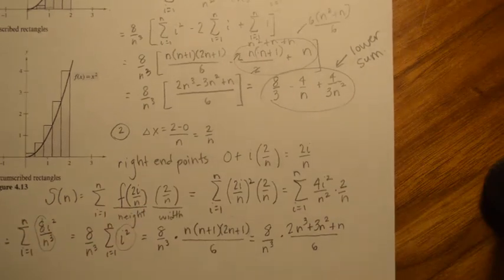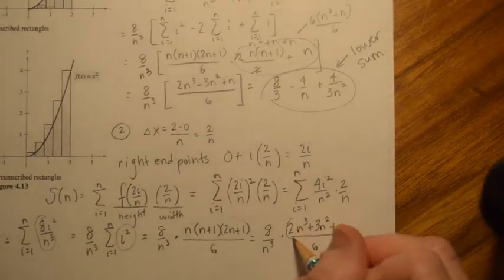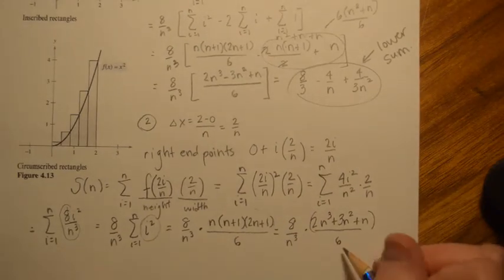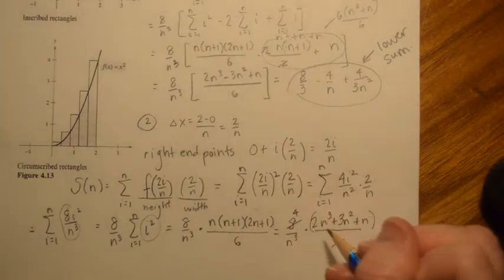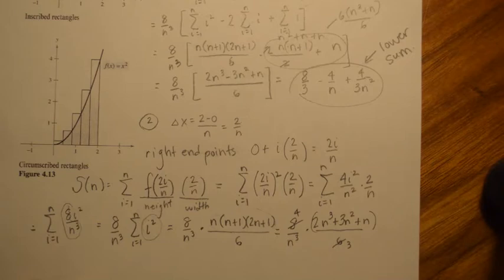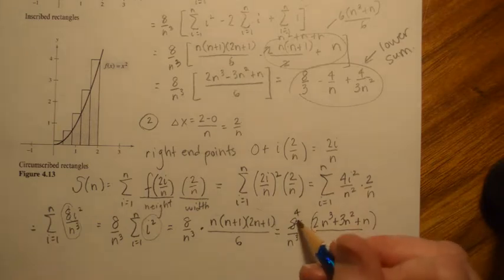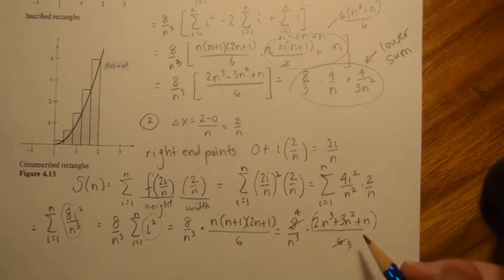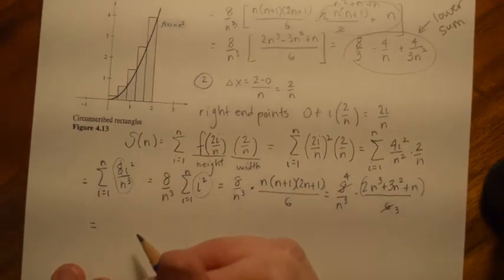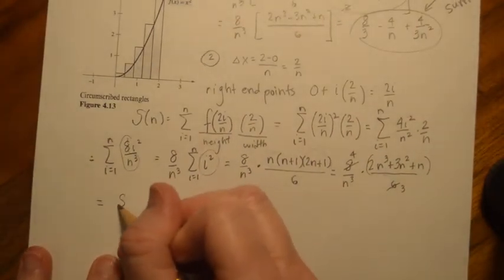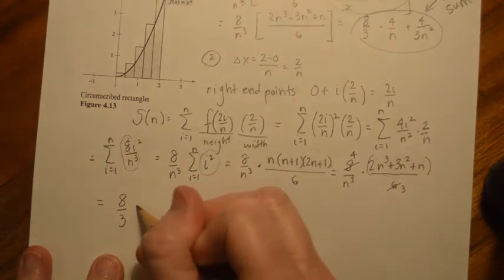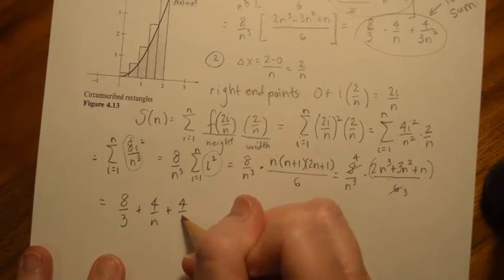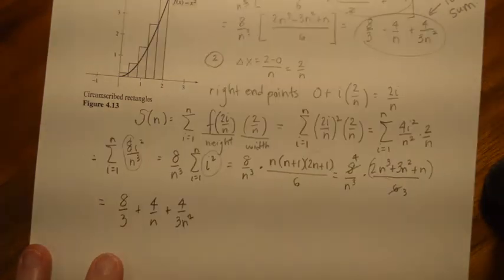Then when we multiply this through and distribute, I'm going to cancel this. I'll show a little bit more work this time because I can. So we've got 4 over n cubed times this, and now I'm just going to distribute that through. When we do that, we end up getting 8 over 3 plus 4 over n plus 4 over 3n squared.